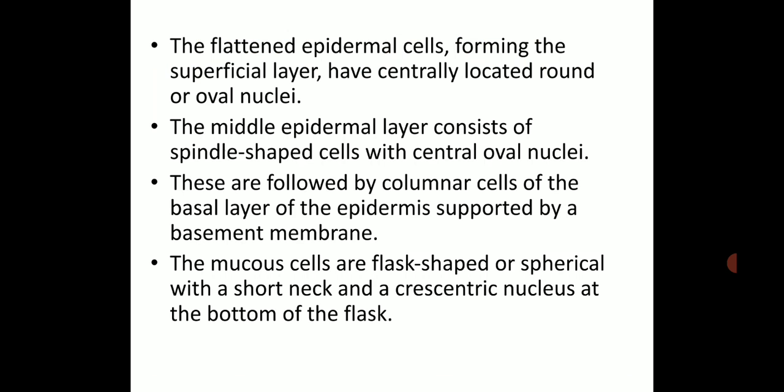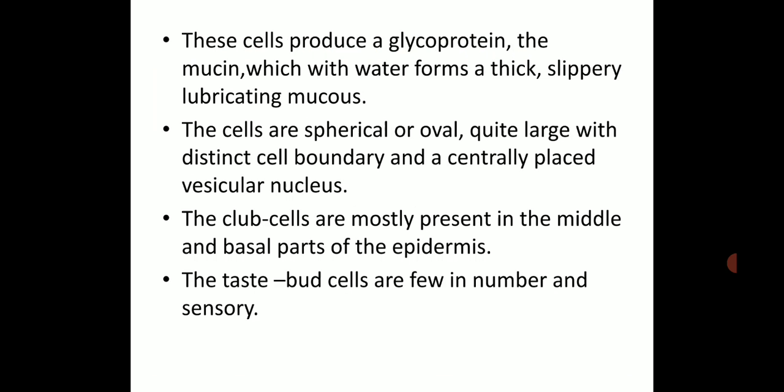The mucous cells are flask-shaped or spherical with a short neck and a concentric nucleus at the bottom of the flask. These cells produce glycoproteins, the mucin, which with water forms a thick, slippery, lubricating mucus.